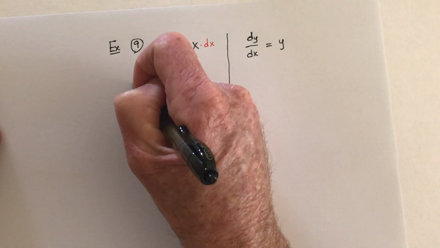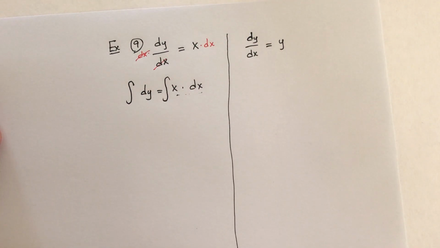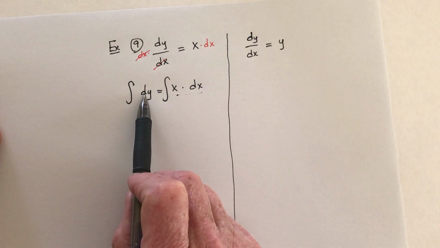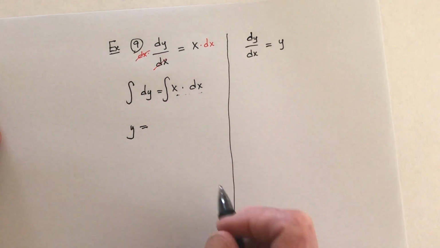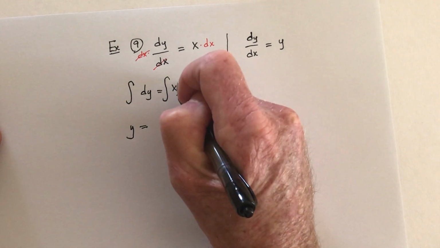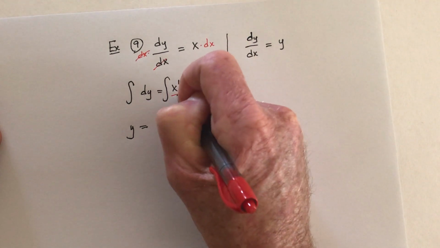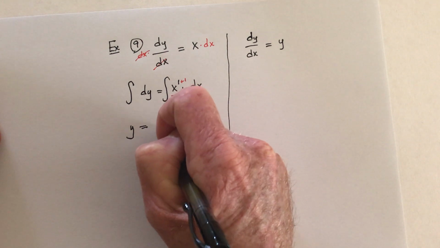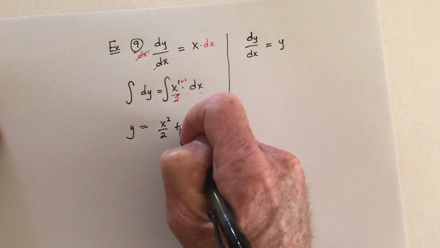Then you find the antiderivative on both sides. The antiderivative and the derivative, which is what d stands for, cancel each other out. It just gives you y. Finding the antiderivative here, you add 1 to the exponent, that's a 2, and divide by 2. So this becomes x squared over 2. Now that I'm done with the antiderivative, put a plus c.